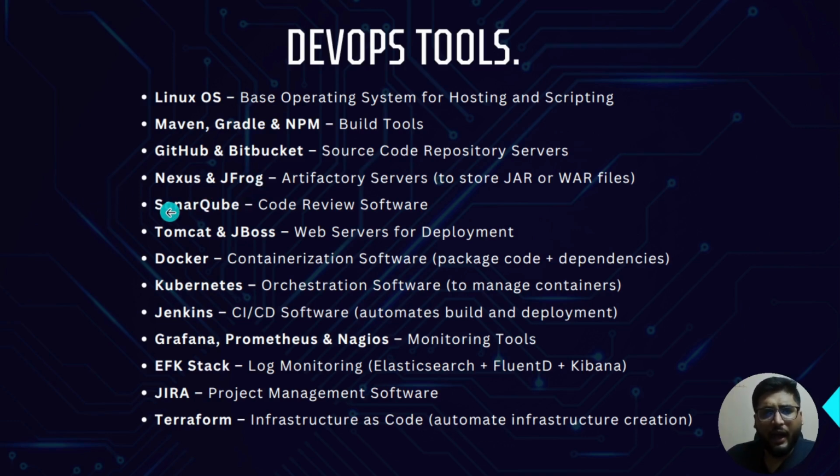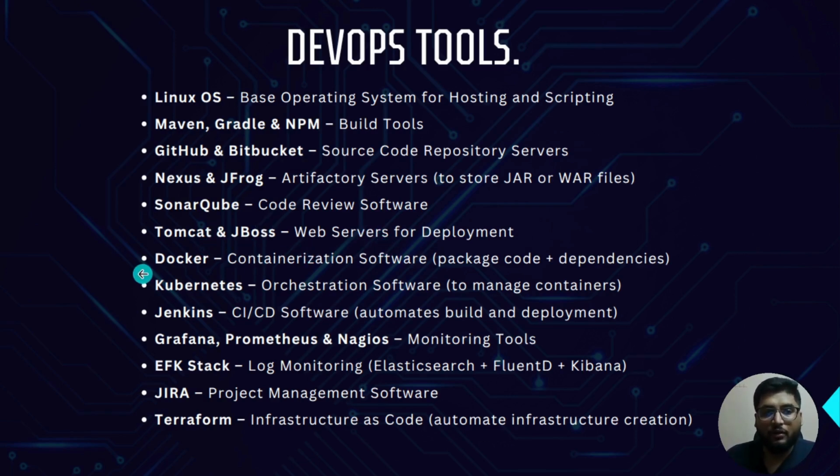These are Artifactory servers. Next, SonarQube. SonarQube is nothing but a code review software. It gives code review, vulnerability, and code quality checking, and helps with bug fixes. Next are Tomcat and JBoss, and also Nginx. These are the web servers for deployment.